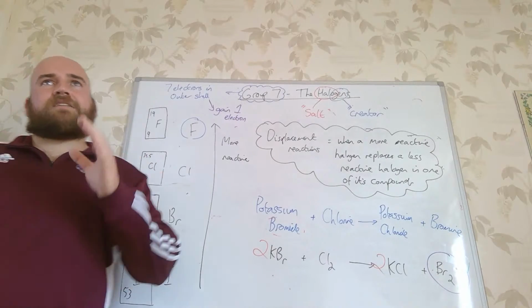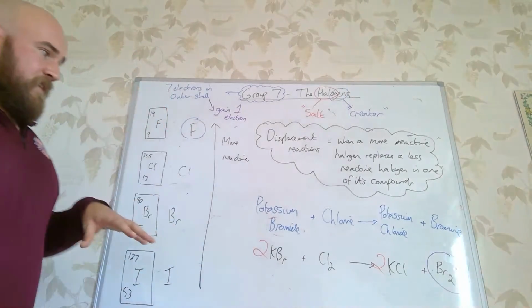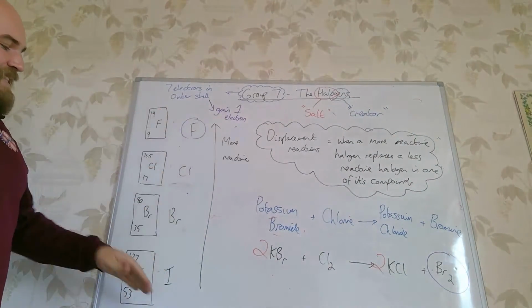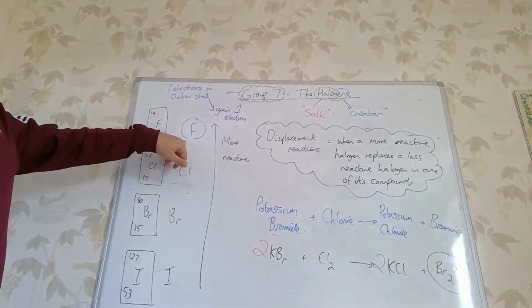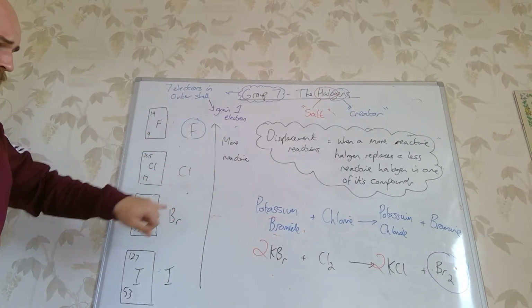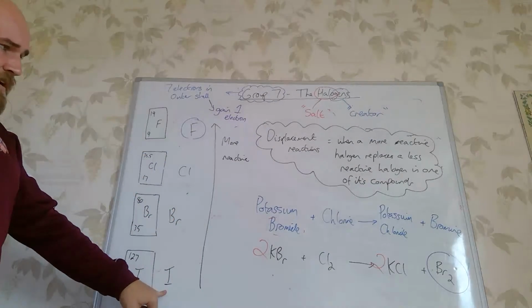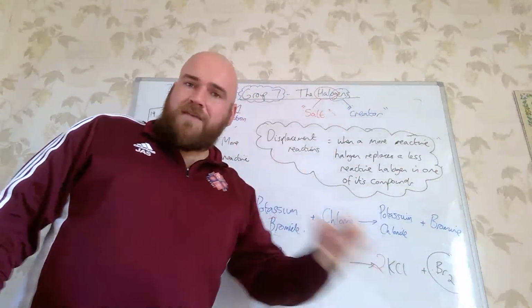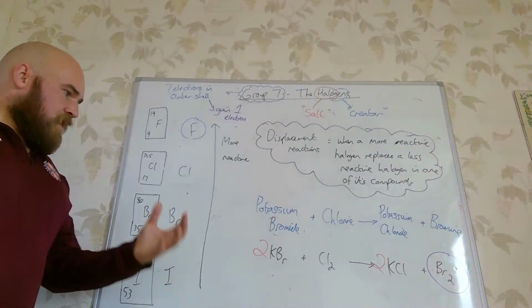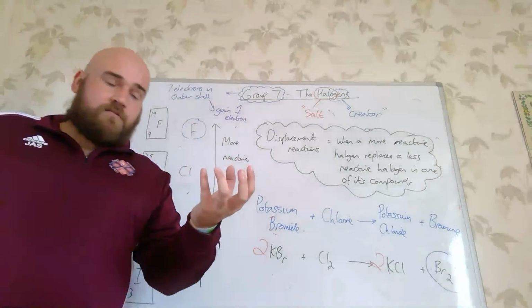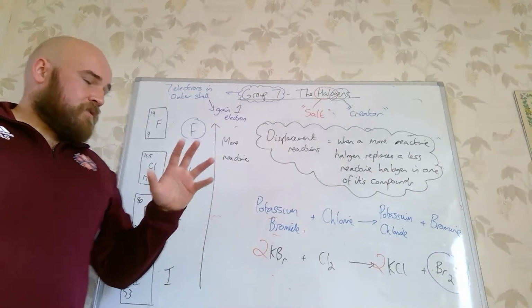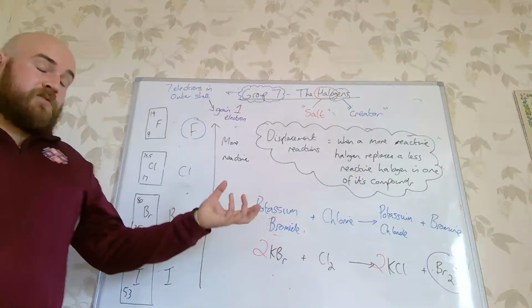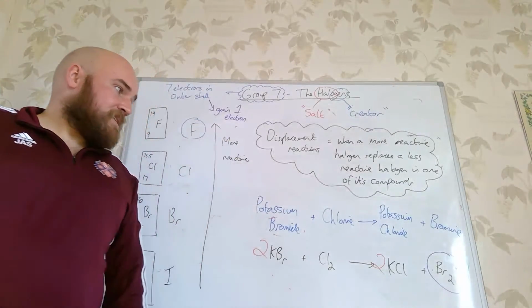Well, if you look back to the start of this video, what did we say these things actually looked like as elements? Pale yellow gas, pale green gas, orange liquid, black solid. So if I'm getting bromine being produced, I'm going to see it look like an orange liquid. Yep. And I'm going to share you another couple of YouTube videos of people doing these reactions. You can see it happening later.